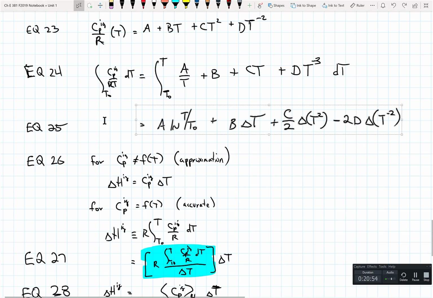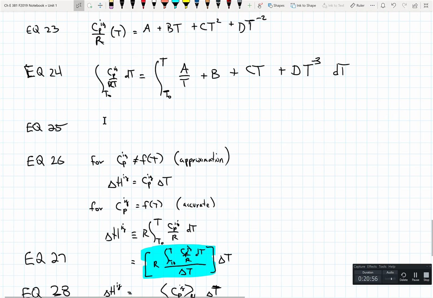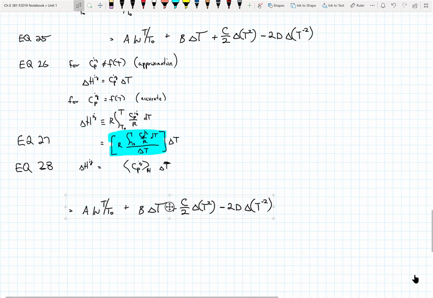Sometimes copy and paste just does not work in OneNote. Okay, there we go. All right, so there is my heat capacity integral again for entropy.